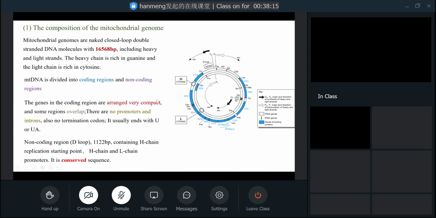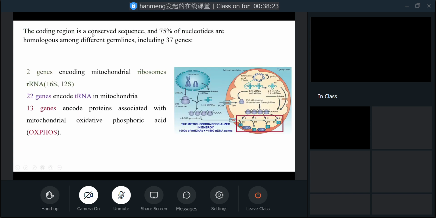And the coding region is also a conserved sequence, and 75% of nucleotides are homologous among different germlines, including 37 genes. Of the 37 genes, 2 genes encode the mitochondrial ribosomal RNA, 16S and 12S.